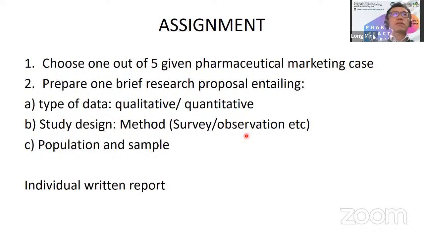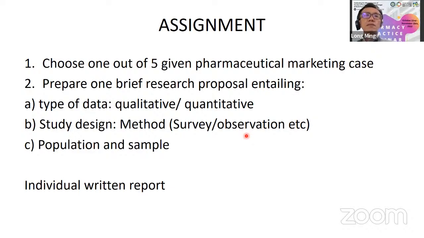After choosing one, based on the aim and objective, you have to come up with the research methods. Tell us whether you think it is better to use a qualitative or quantitative research study design.